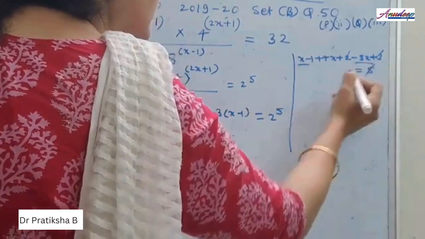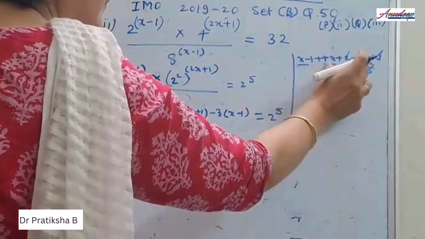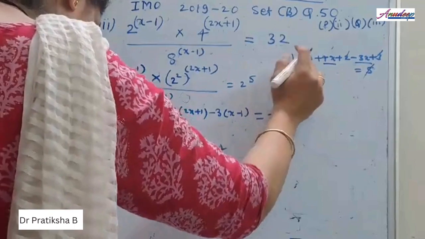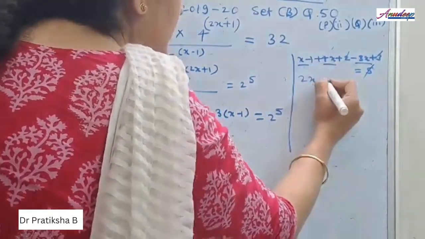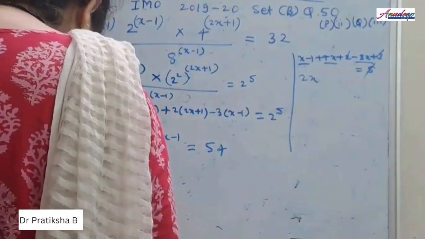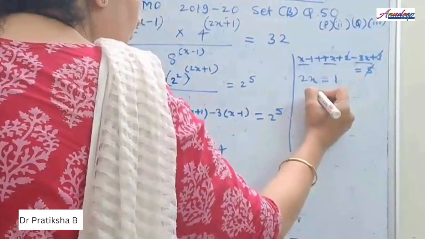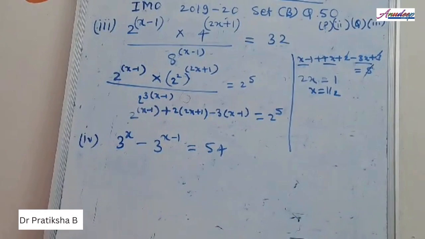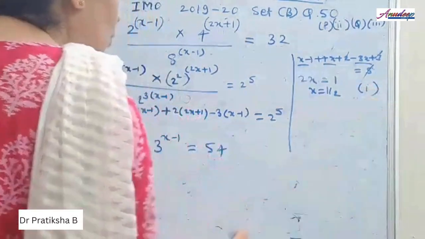Here, 3x minus 4x plus minus 3x plus 4x, that is plus x, that is 2x. So it will be 2x, and this minus will go on the left hand side, so it will become plus 1. So x is equal to 1 by 2. That is the answer that you get, and the option that matches from the column is 1.